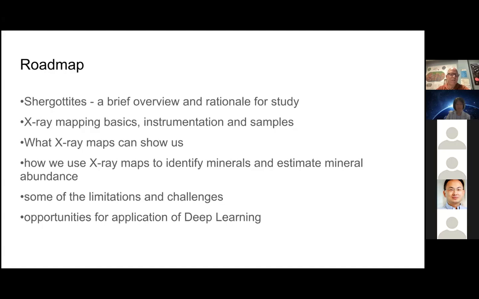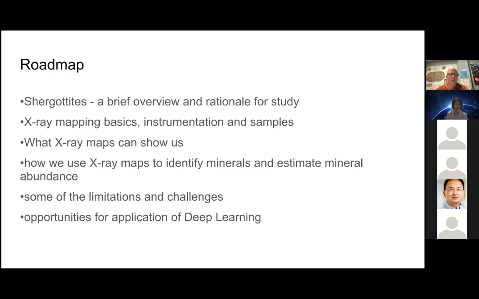I am going to give, admittedly, probably more of a 2-cent tour of X-ray interactions with samples, X-ray mapping, and the types of instruments we use to collect X-ray data, as well as the samples that we use to analyze. I'll be discussing what we can see examining different X-ray maps and how these maps can be used to identify mineral species and possibly estimate the abundance of these minerals occurring within rocks.